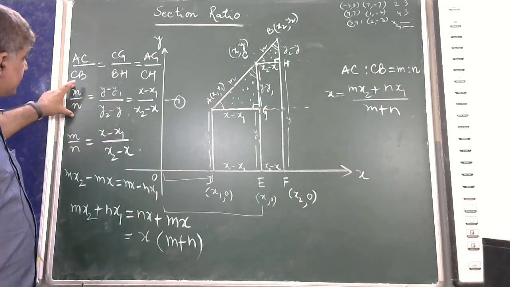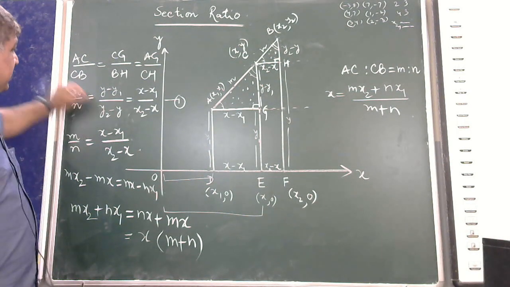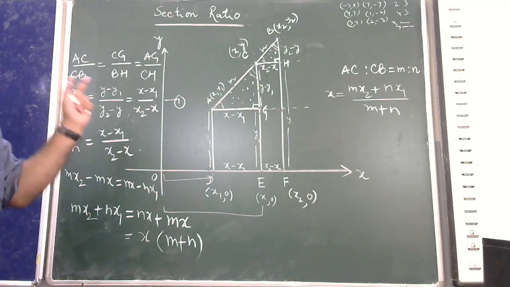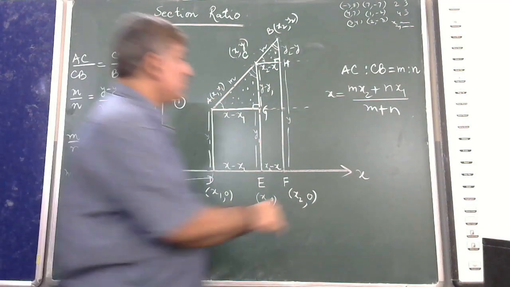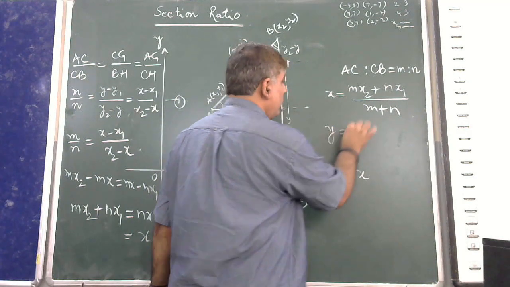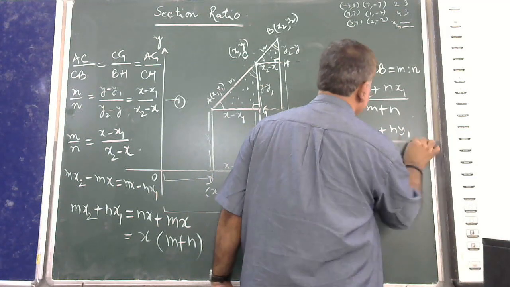Again, if we take first and second, in the same fashion, if you cross multiply and take the term containing y to one side and the rest to another side, you will get y is equal to my2 plus ny1 by m plus n.